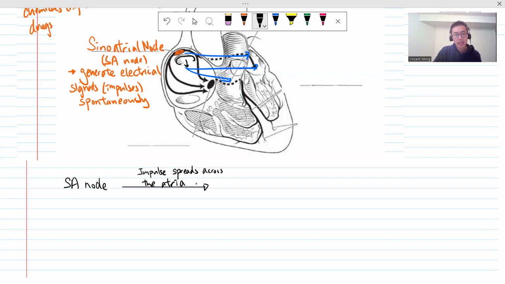At the same time that this is happening, the signal is also going to be traveling to another cluster of cells called the AV node. But we're going to worry about the AV node in a second. Let's talk about what's happening with the signal going across the atria. When the signal reaches the atria, we're going to have atrial contraction.